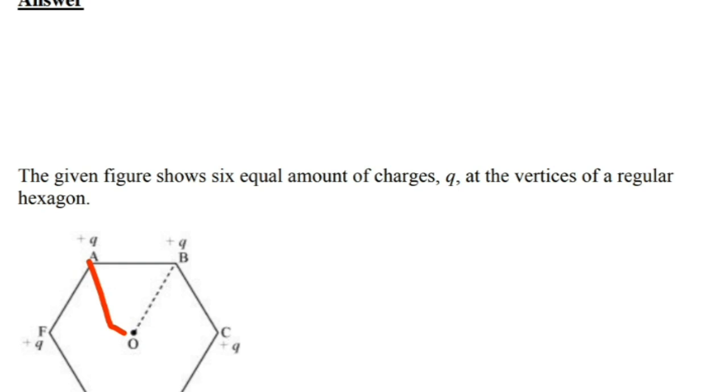Consider the triangle ABO. In a regular hexagon, ABO will be an equilateral triangle. AB is given, so BO and AO will be of same length. So from each vertex, the distance to the center will be the same as the side length of the hexagon.